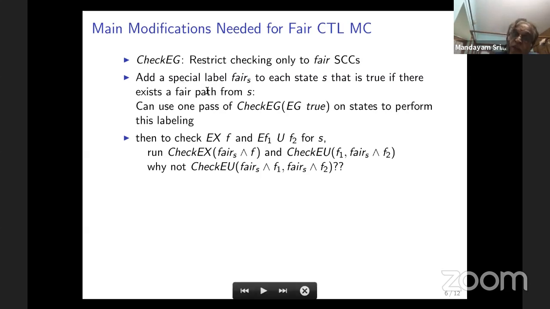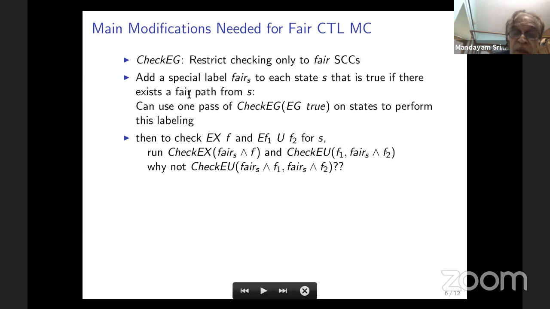In order to ensure that the states that you check have fair paths originating from them, what we do is add a special label for fairness to each state, that is true if and only if there exists a fair path from that state.